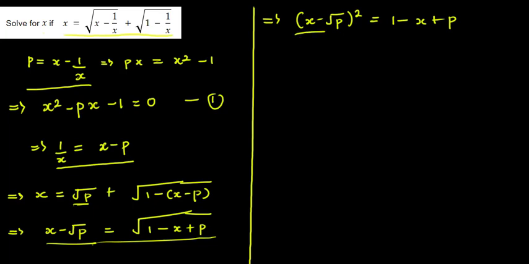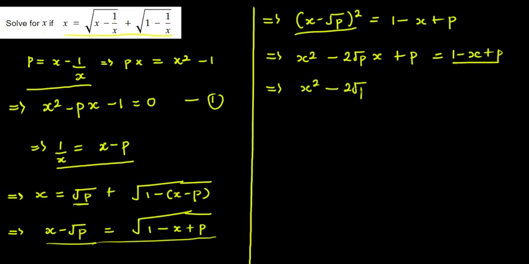So now expanding x minus root p squared, I'll have x squared minus 2 root p x plus p equal to 1 minus x plus p. Okay, what we're going to do now, we're going to take everything on this side to the other side of the equation, and then this implies that x squared minus 2 root p x plus p minus 1 plus x minus p equals 0.